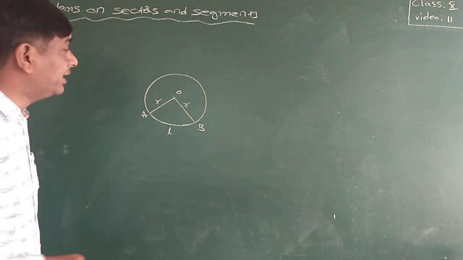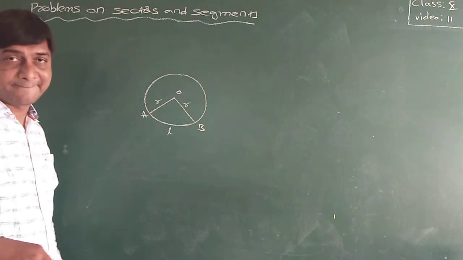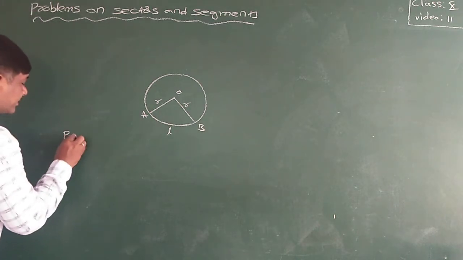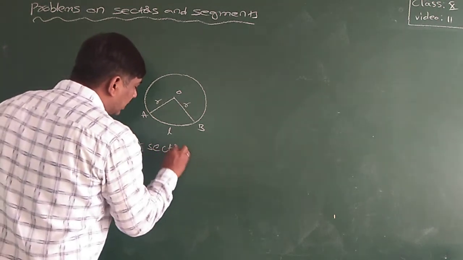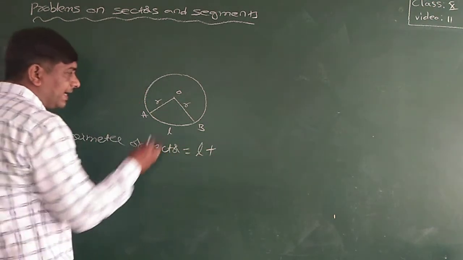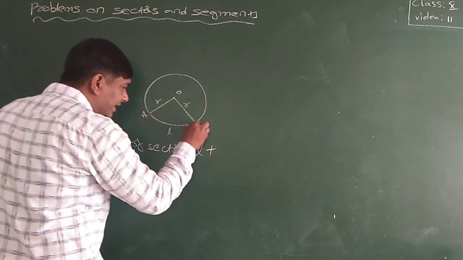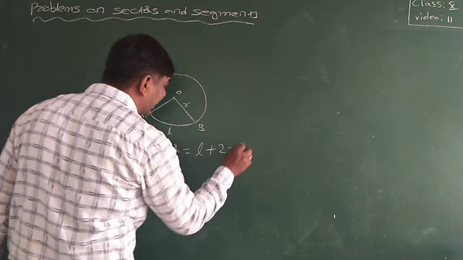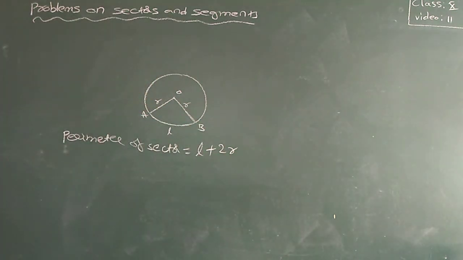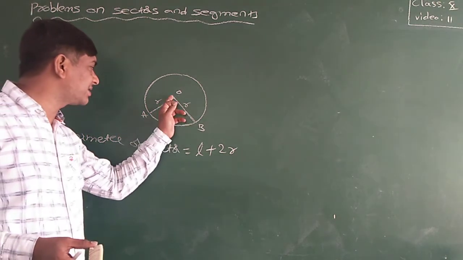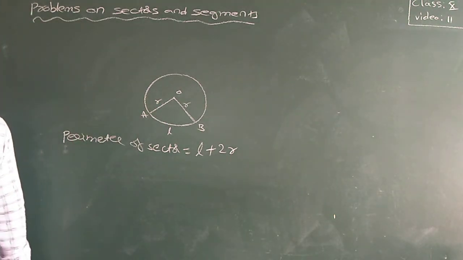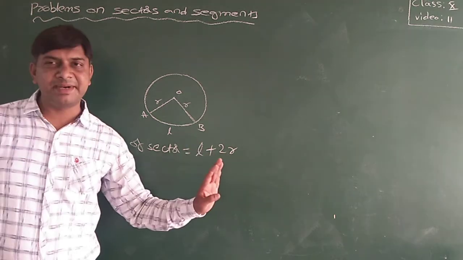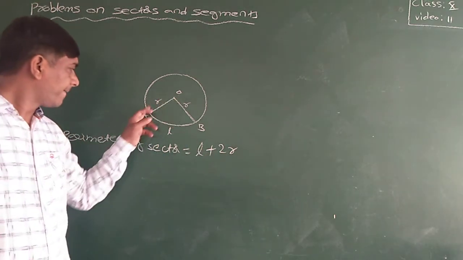If they ask to find the perimeter of the sector, the perimeter of the sector is equal to the length of the arc plus radius plus radius, that is L plus 2r. Okay, this 2r is not the diameter here, it is just radius plus radius.